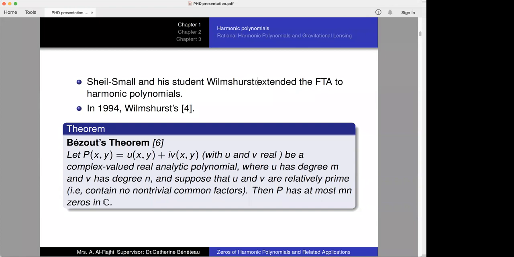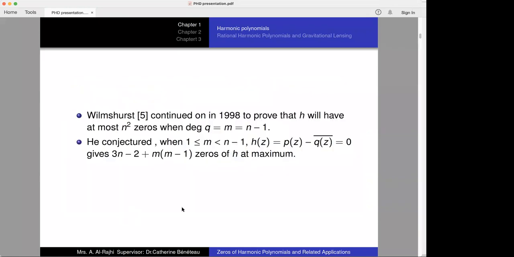Beneteau's theorem states that for any complex valued polynomial written in this way, where u and v are real functions of degree m and n respectively, and they are relatively prime, then it has at most m times n zeros in the complex plane. This means Schwarz rewrote the complex polynomial as curves, and he saw the intersections and counted them, and it gives n squared intersections.